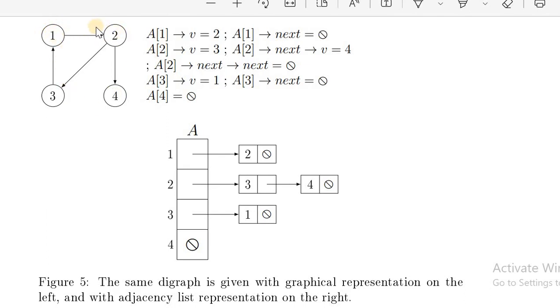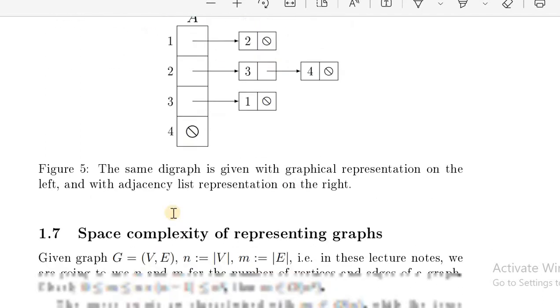From 1 to 2, we have an edge, so we add a linked list element, and here we list all the nodes that have a connection. For the second node, it has an edge to 3 and 4. So we put it like from 2 there is an edge to 3 and 4, and so on and so forth. So this is the idea.